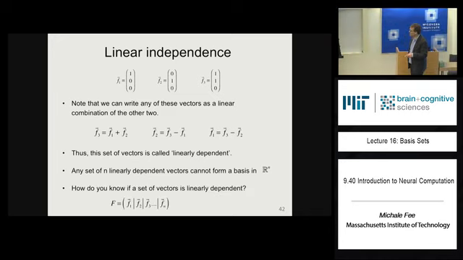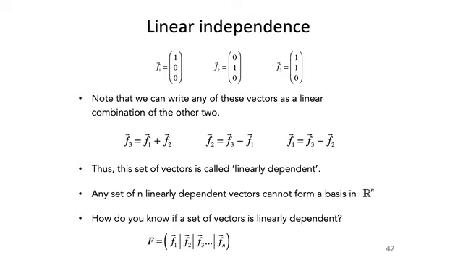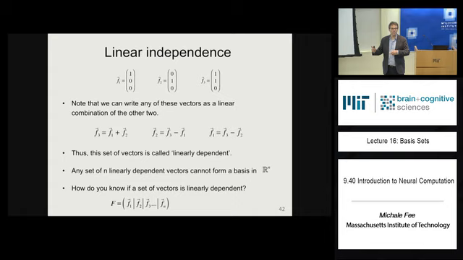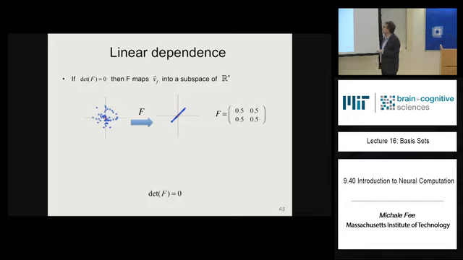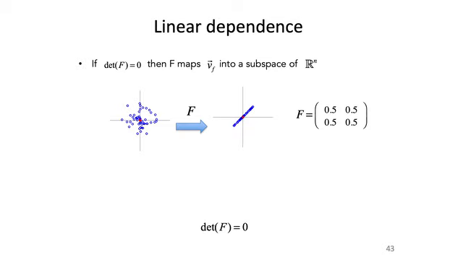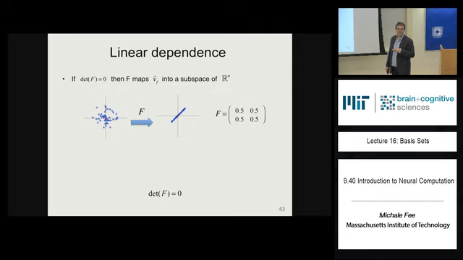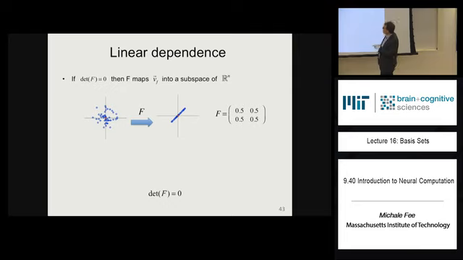And how do you know if a set of vectors that you choose for your basis is linearly dependent? Well, again, you just find the determinant of that matrix. And if it's 0, those vectors are linearly dependent. Okay? So what that corresponds to is you're taking your data, and when you transform it into a new basis, if the determinant of that matrix F is 0, then you're transforming those data into a space where they're being collapsed.